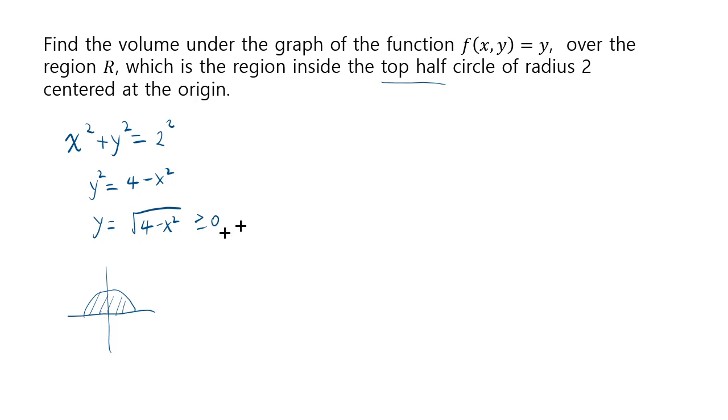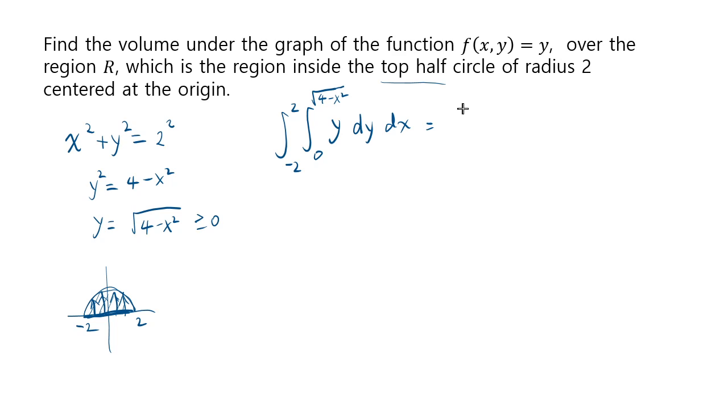If you want to put dy inside, so you integrate y dy, you integrate from 0 to, well, if you paint upwards, you start from y equals 0 until this top half circle, which is the square root of 4 minus x squared, and then y dy dx, and x goes from negative 2 to positive 2 because the radius is 2, and that's it. That's the integral that we want to do.